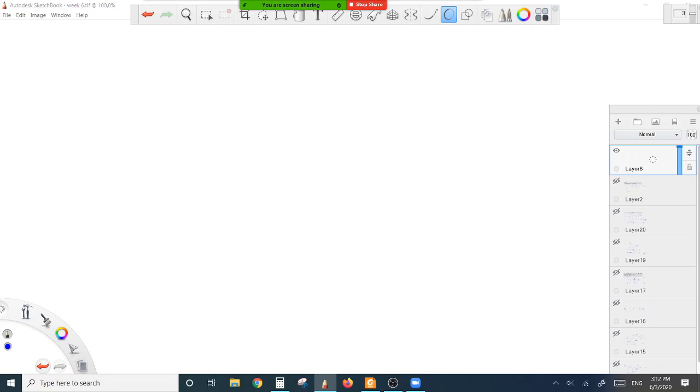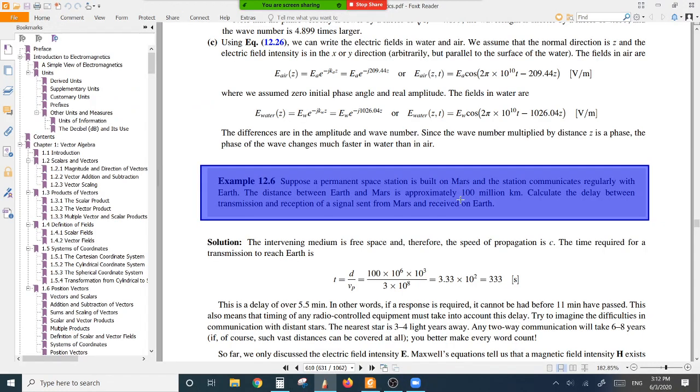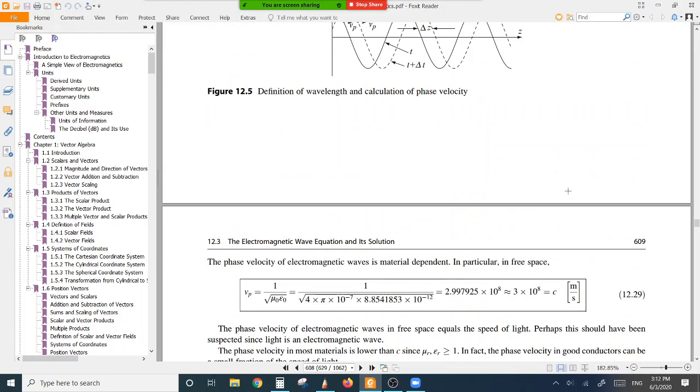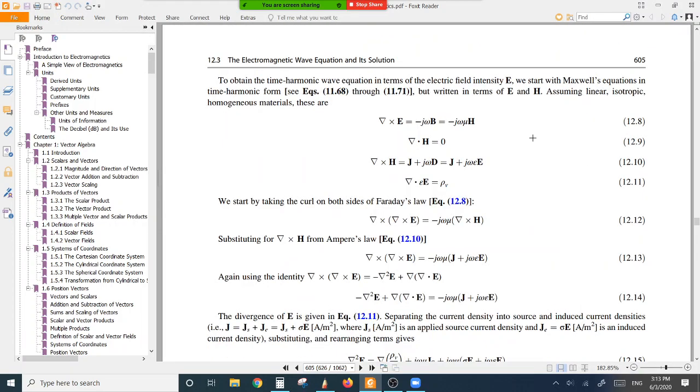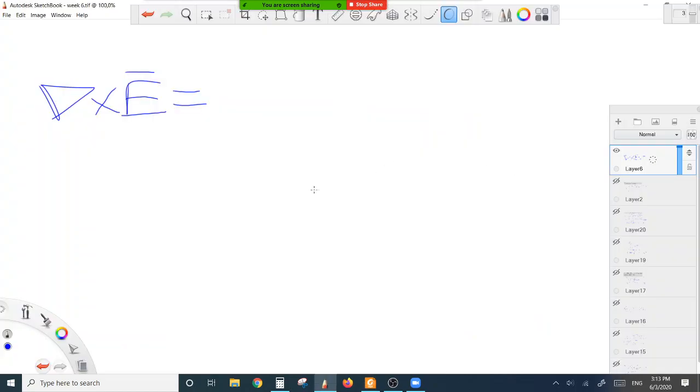Let's take Maxwell's first equation in time harmonic form.